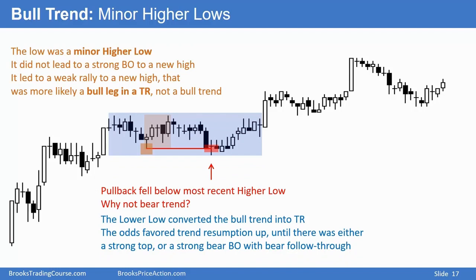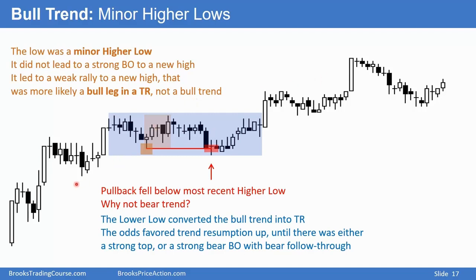The odds still favor trend resumption up. I said before that if a trading range grows to 20 or more bars, the probability of a reversal becomes equal to or close to equal to the probability of trend resumption. And I was careful with my word selection. And I said close to. Every bar that gets added reduces the probability of a bull breakout.